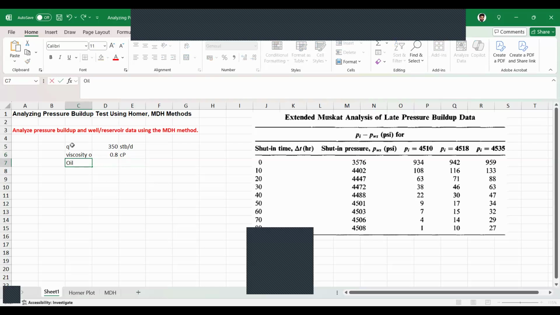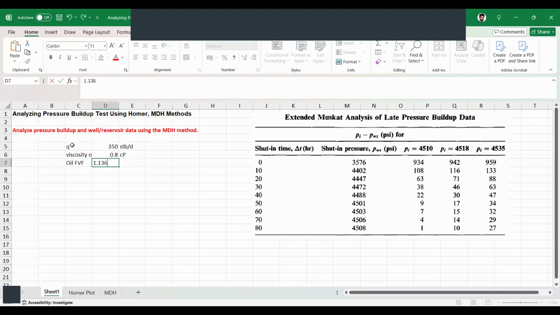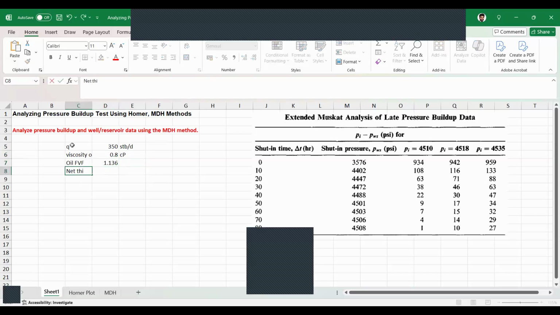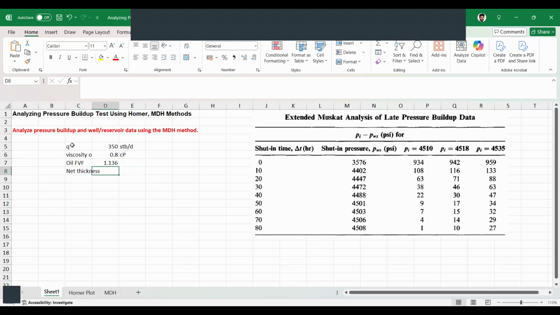Then the oil formation volume factor will be 1.136. Then net pay or net thickness will be 49 feet. So from this you can calculate your permeability very easily.